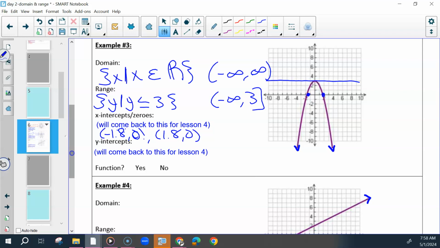And then the y-intercept? 0, 3. Is this one a function? Yes. All quadratics are functions, yes. Now, if you see a sideways quadratic, one, that's not a quadratic, and two, it is not a function.